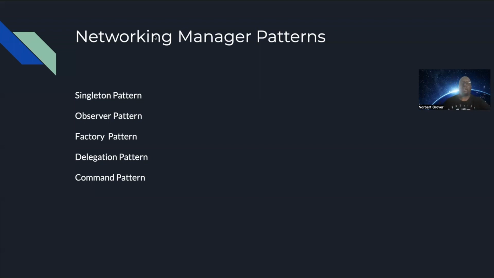So singleton is very common. Observer pattern, factory pattern, delegation pattern, and command pattern. I might not get to command pattern, but I'll probably definitely get to factory pattern.